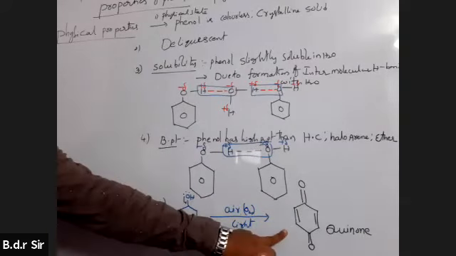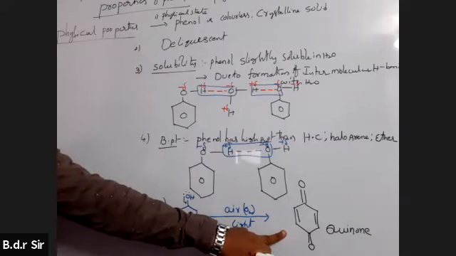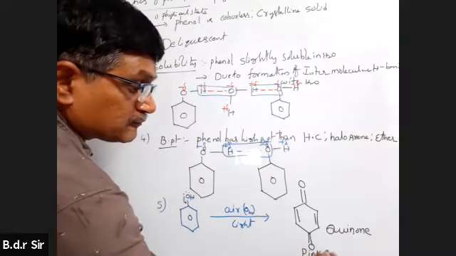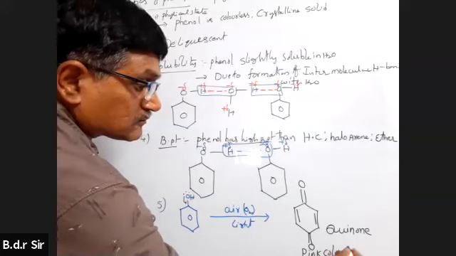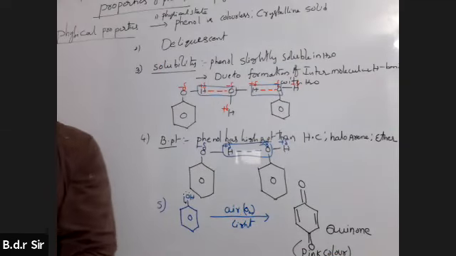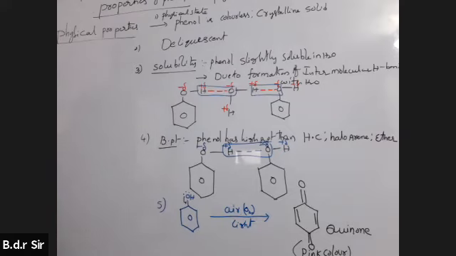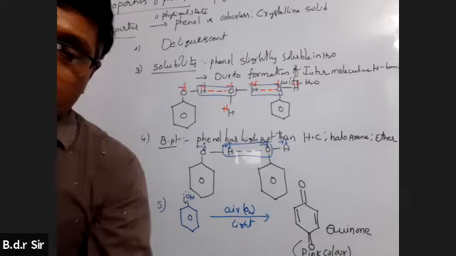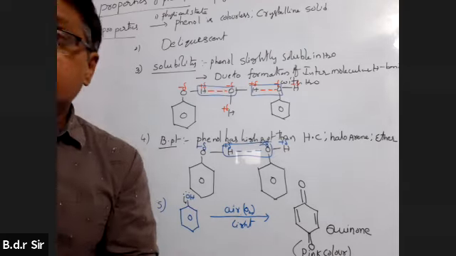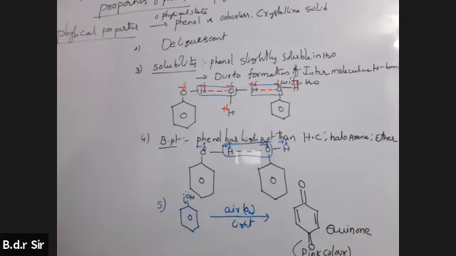Due to the formation of quinone, it exhibits pink color. This is one of the identification tests for phenol. That's why nowadays we are using colored phenols. Why is phenol colored?